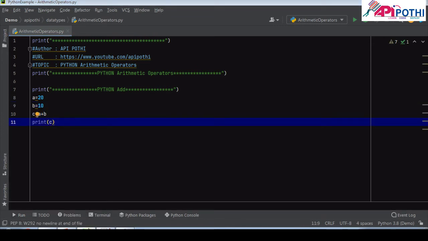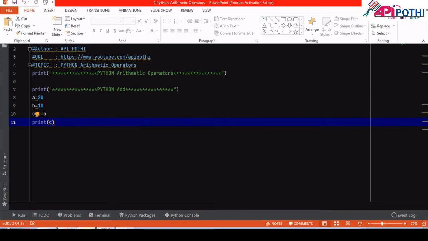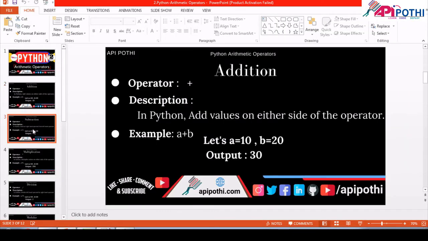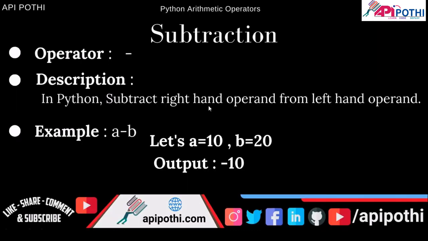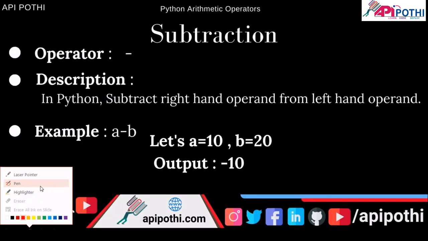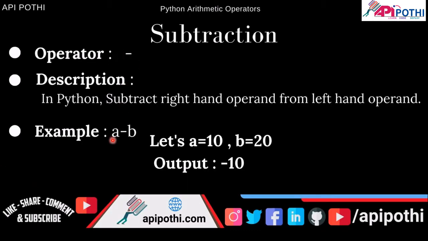Coming to the second one, called subtraction. In Python also, subtraction is denoted by a minus sign. Subtraction means a minus b, for example 10 minus 20, which means minus 10. Here the operand sides need to be maintained.